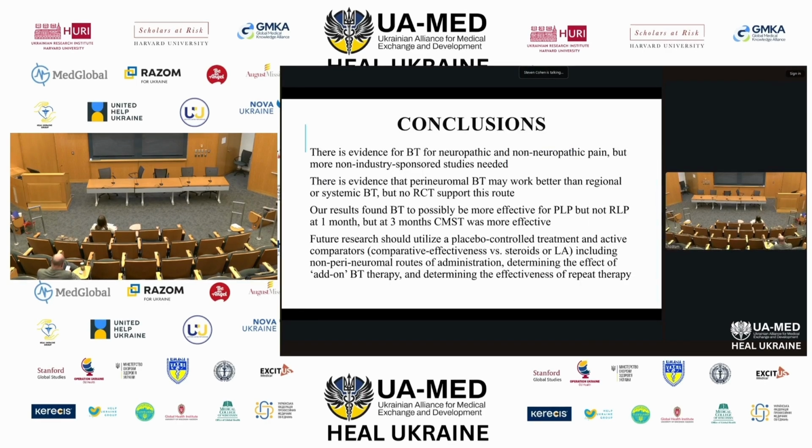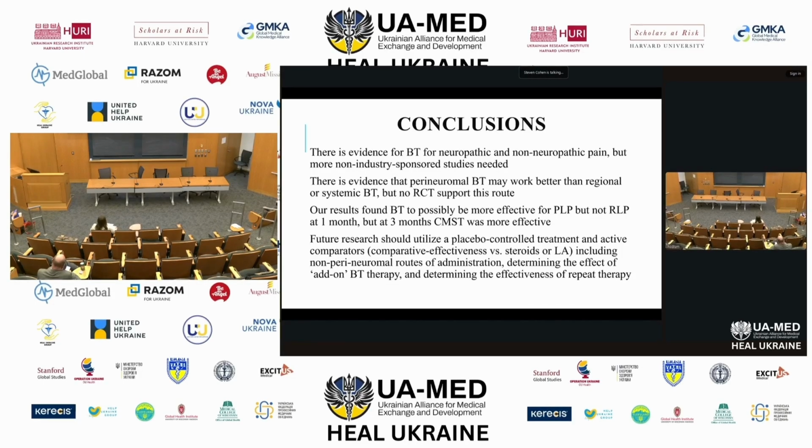So, in conclusion, there's evidence for botulinum toxins for neuropathic and non-neuropathic pain. We need better studies, preferably federally funded. There's a lot of indirect evidence and now more direct evidence that perineuronal botulinum toxin, because of how it works, would be better than systemic administration, but we don't have any randomized controlled trials.